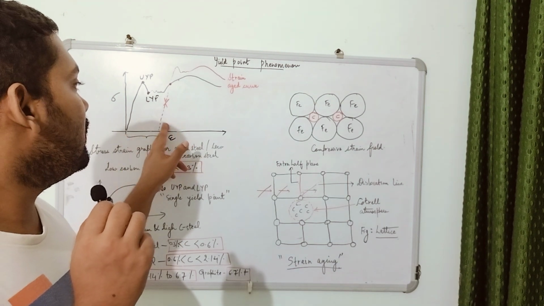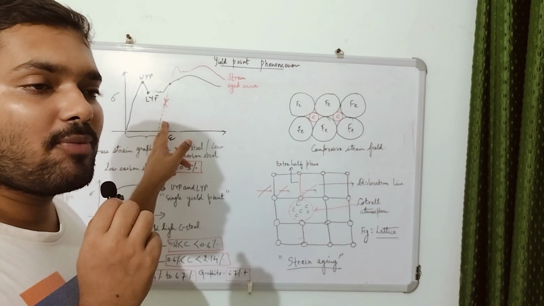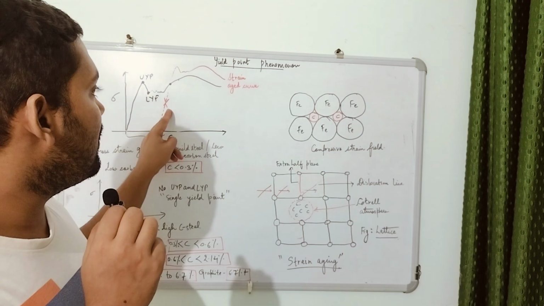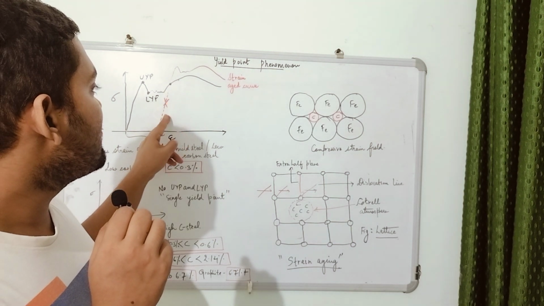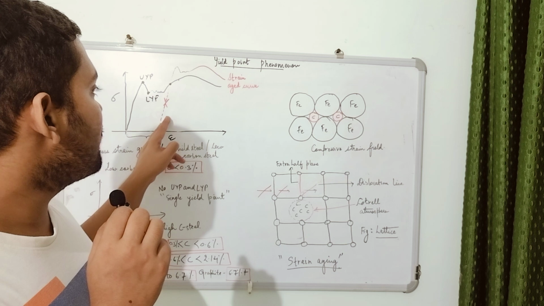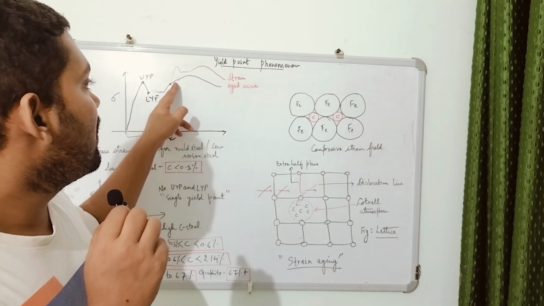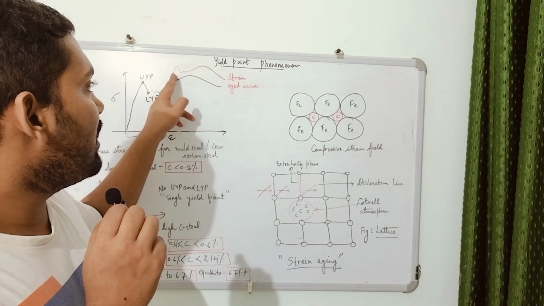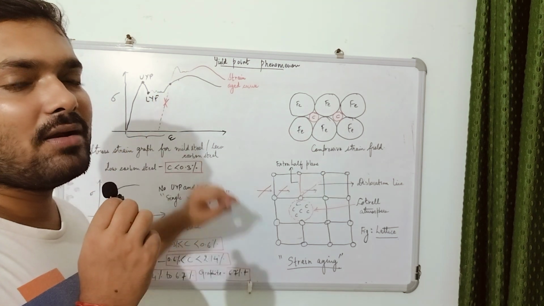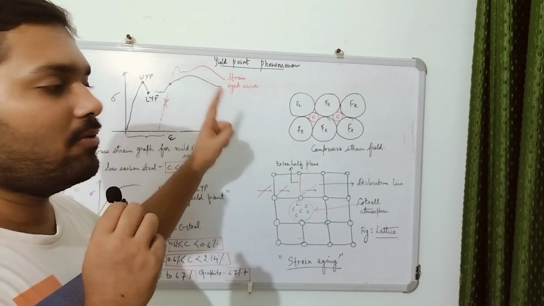And when you again apply stress in the same direction, the stress value will again increase following this path, and we will see a higher value of yield strength, but that yield point will be single. Why?